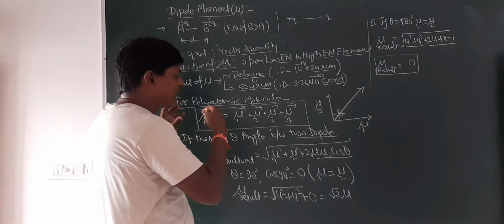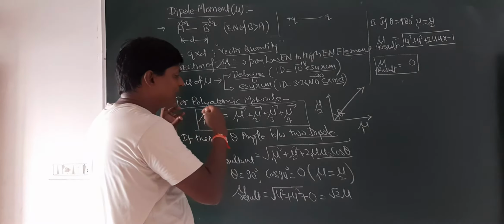So in this case, the whole dipole moment of the polyatomic molecule, mu net, will become 0. When? If there is tetrahedral geometry, because all these 3 dipoles will counterbalance the upward dipole.